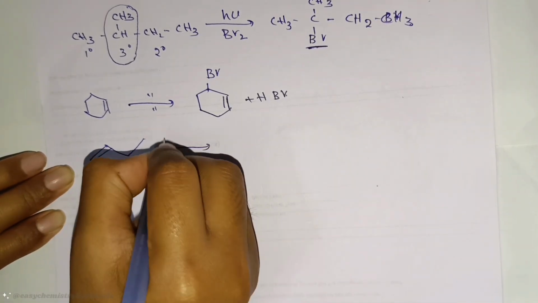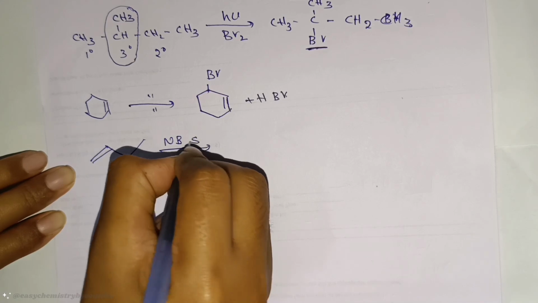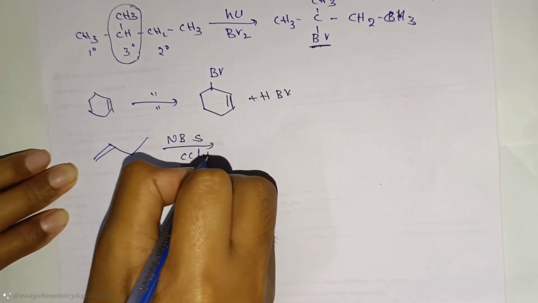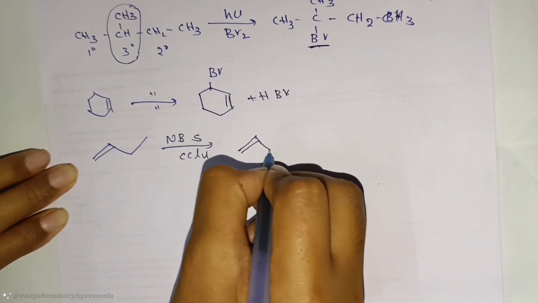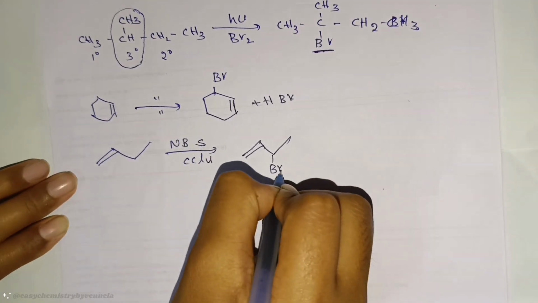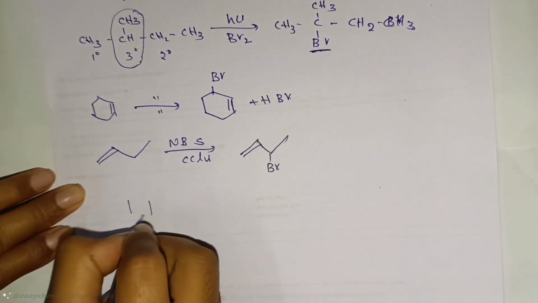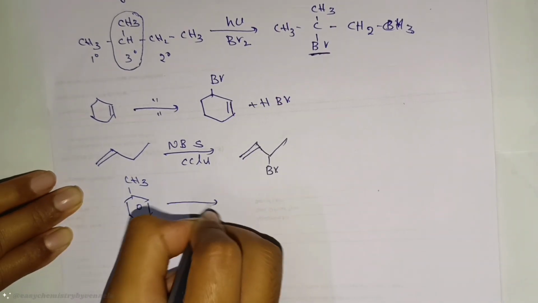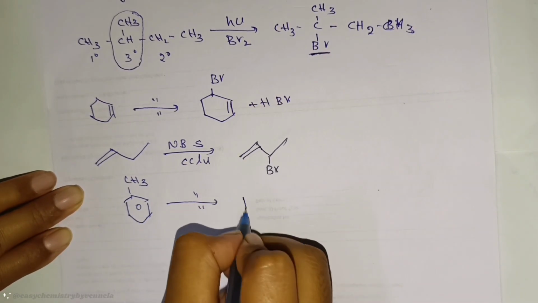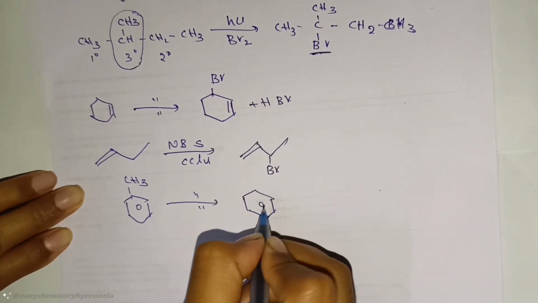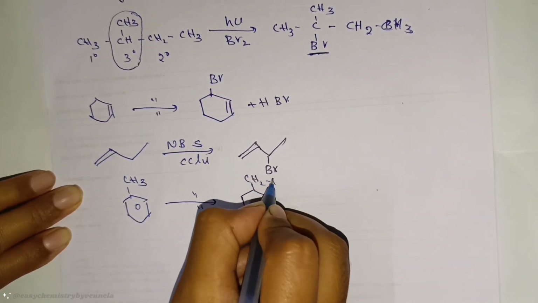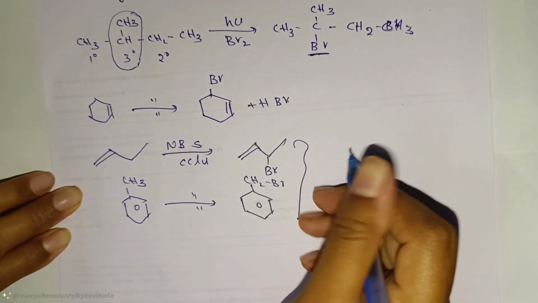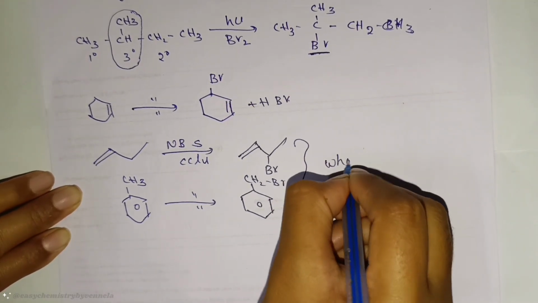This is N-bromosuccinimide in CCl4. The product is like this, here addition of bromine. Next, CH3, same reagent. How does it form? CH2Br. These reactions are called Wohl-Ziegler reaction.